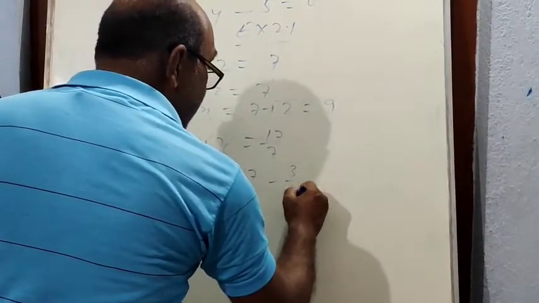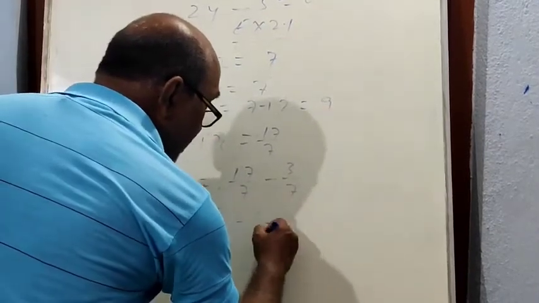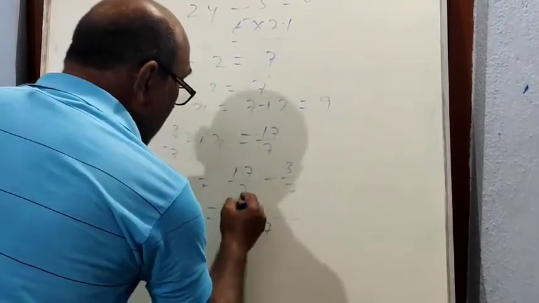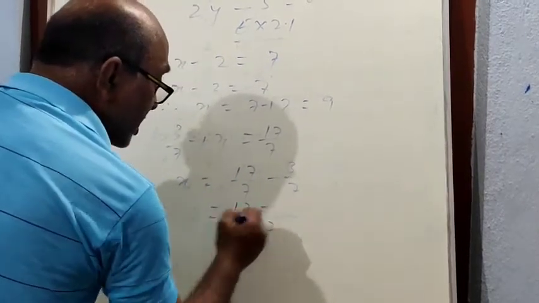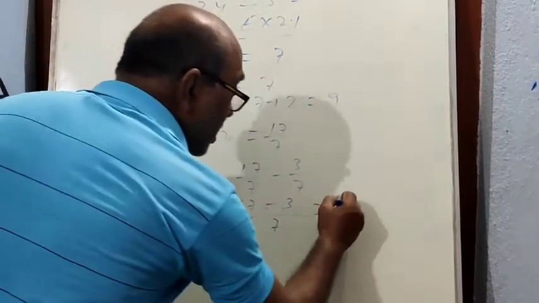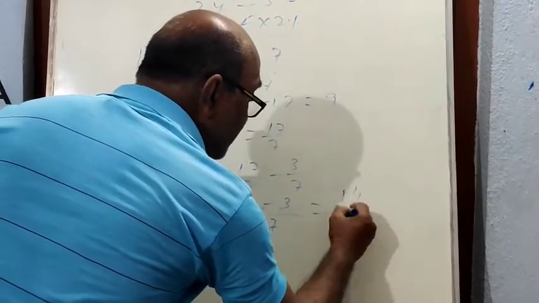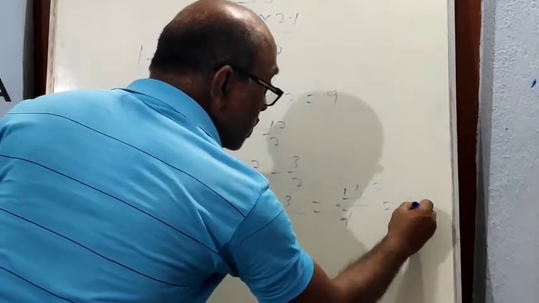LCM of 7 and 7 is 7. 7 ones are 7, therefore we write here 17 minus 3, 14. 14 by 7. 7 twos are 14, therefore your answer is 2.